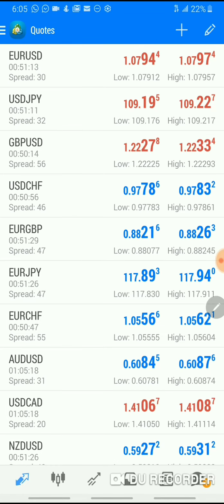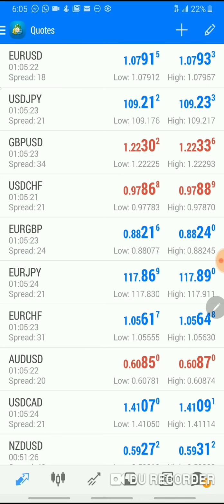Hot Forex would be a spread on the Euro USD of 30. It was 30 just now. It went to 20, 19, and it's 13 and it's coming down, all right? So it depends on the time of the market. The spreads move very quickly.